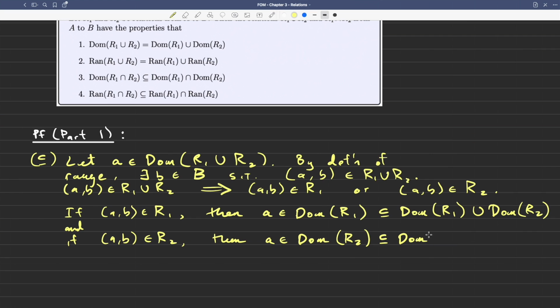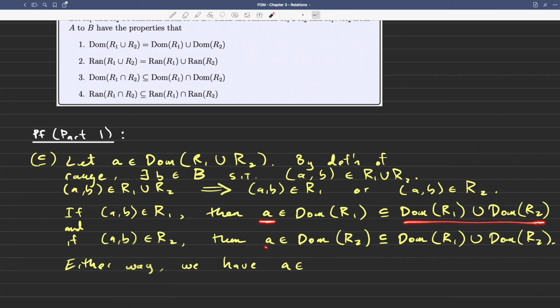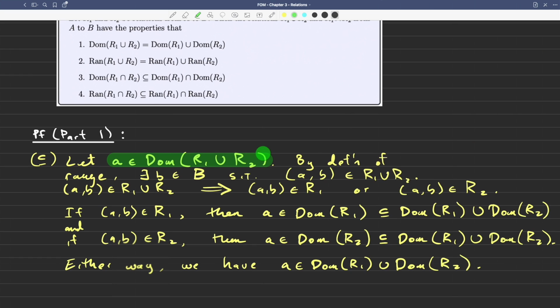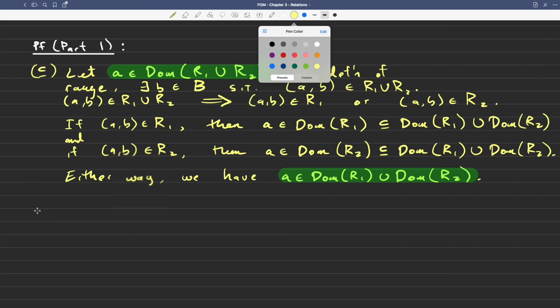So it would be in the domain of R1 union domain of R2. So either way, we have a is in that union. At this point, if we think about what we've established, we started with a in the left-hand set, and we just arrived at a being in the right-hand set. So that proves that containment, and then we'll do the reverse containment.